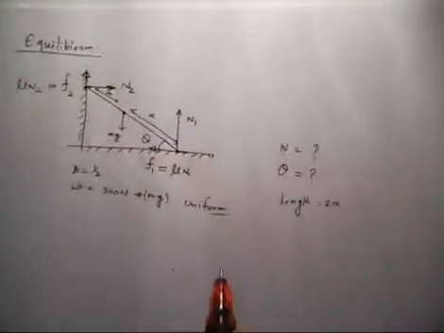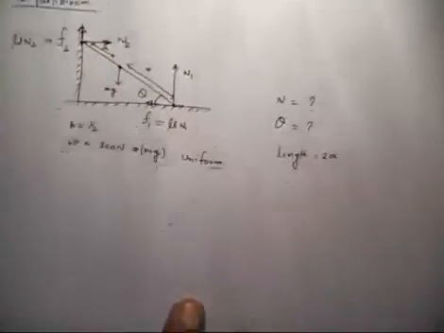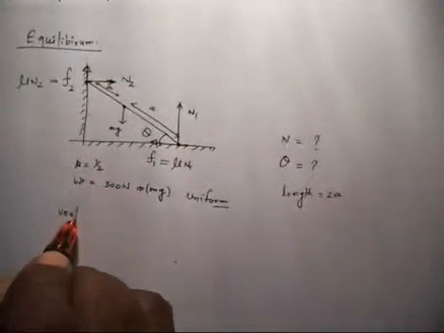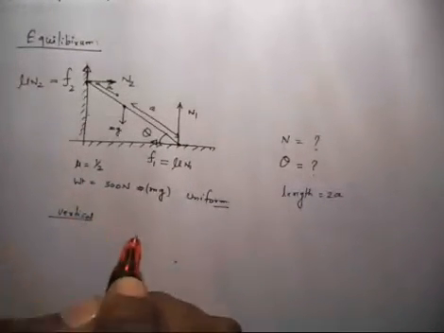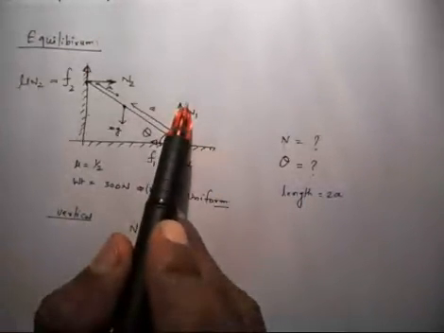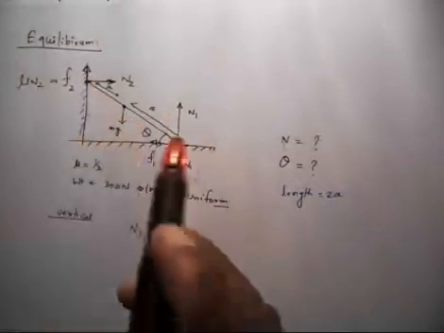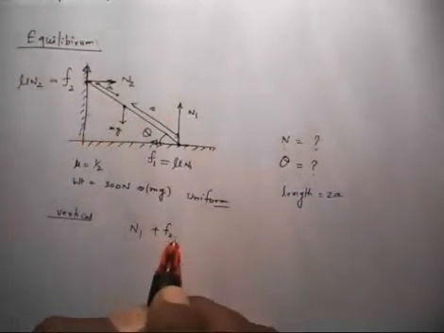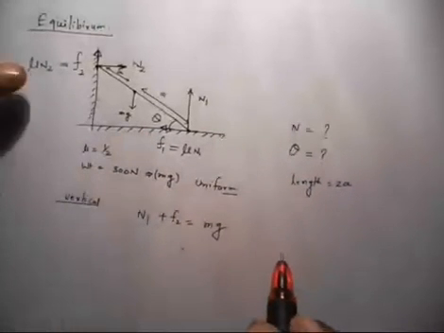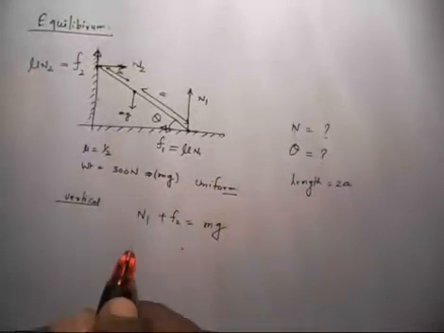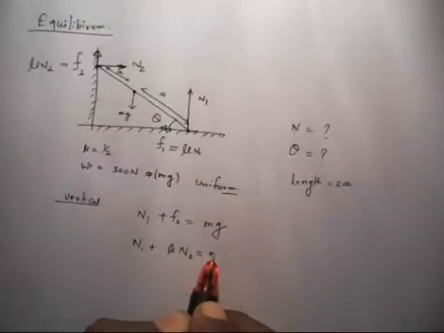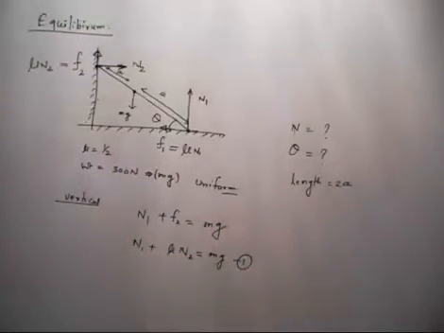Now if I write the vertical equilibrium equation and horizontal equilibrium equation, I can write, for the vertical direction, N1 and this force F2 equals mg, that is acting downward. Now F2 is nothing but mu times N2, so I can write N1 plus mu times N2 equals mg. So this is my first equation.